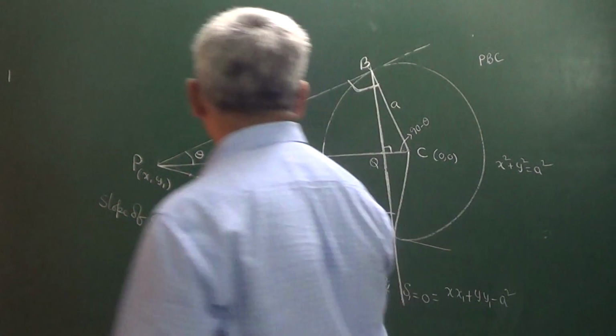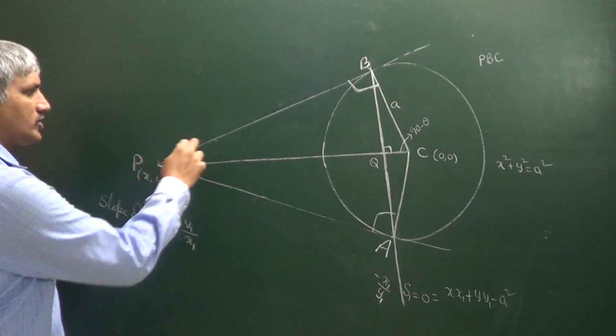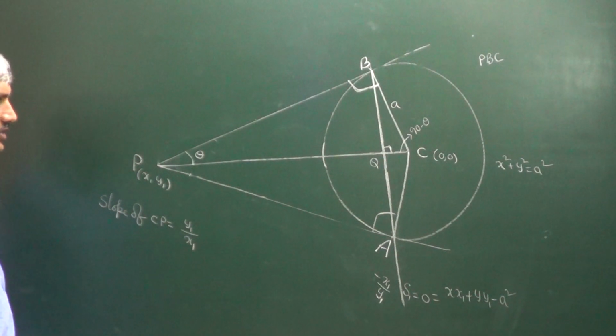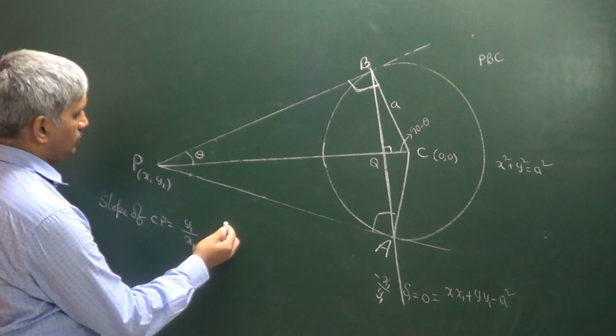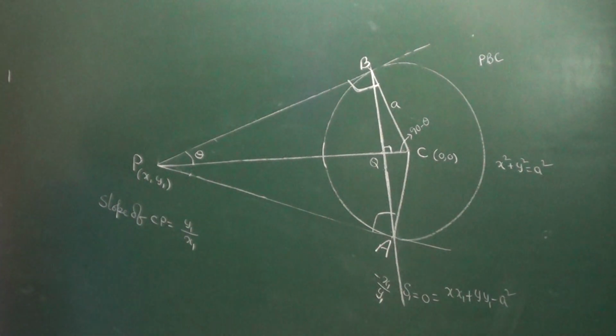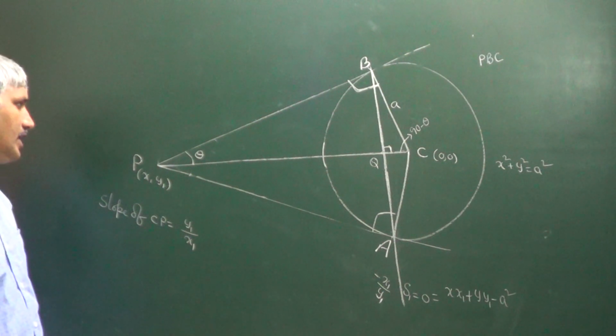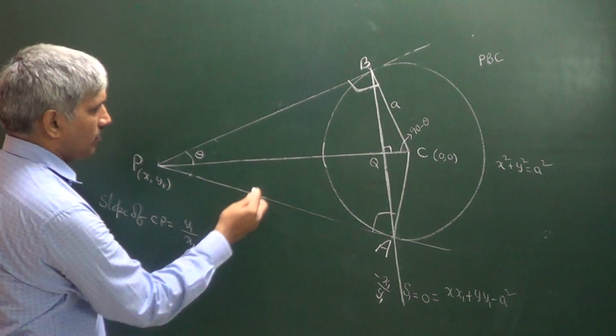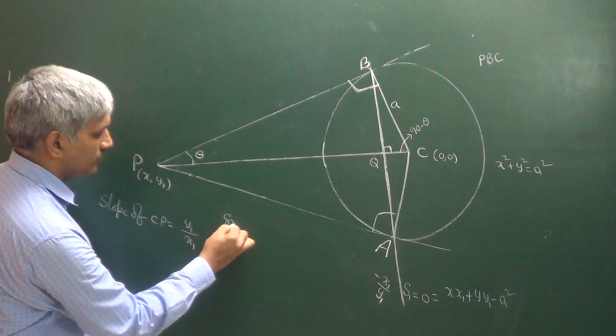Then what we can write from this diagram? From this diagram we can write sin theta, from the triangle CBP. From this triangle, what is the sin theta?